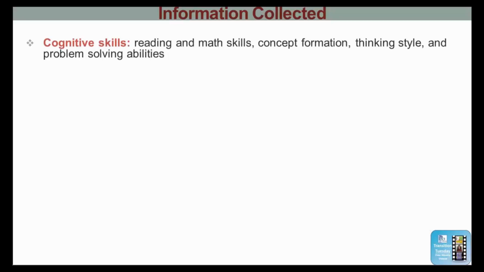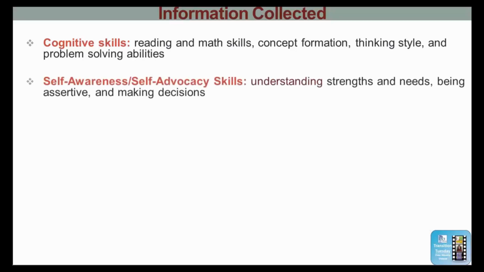Other information that could be collected on the student could include cognitive skills, reading and math skills, concept formation, thinking style, and problem-solving abilities. Self-awareness and self-advocacy skills, understanding their strengths and needs, being assertive, and making decisions. Functional life skills, such as self-care and independent living.